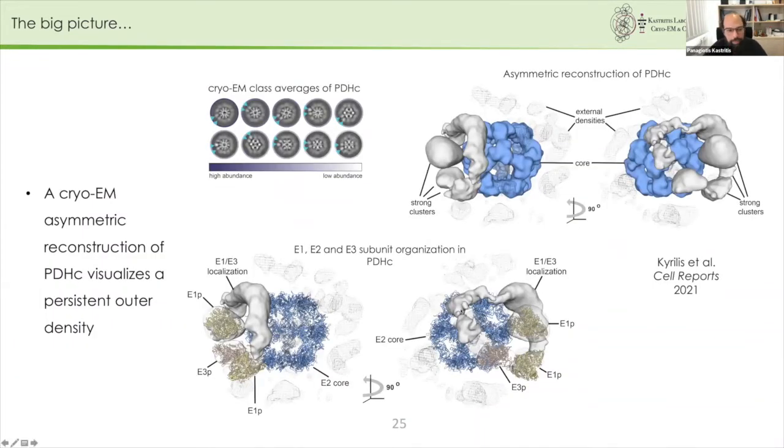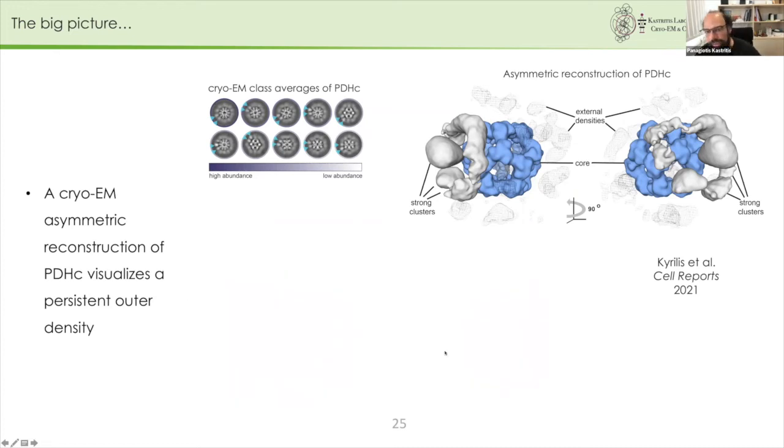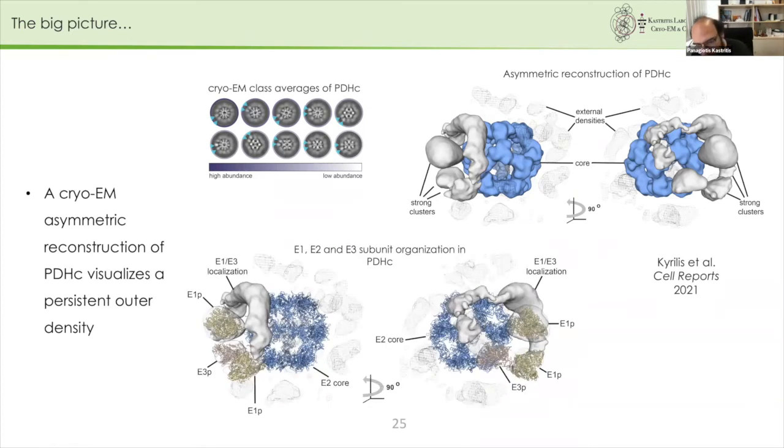So here, in this kind of reconstruction, the E1s and the E3s are held there with disordered regions, and these disordered regions are extensions of the E2 core.